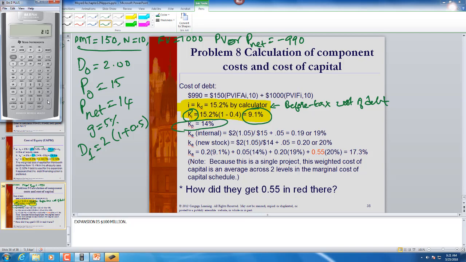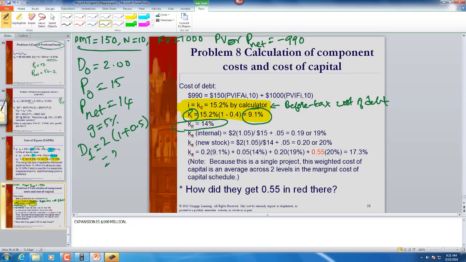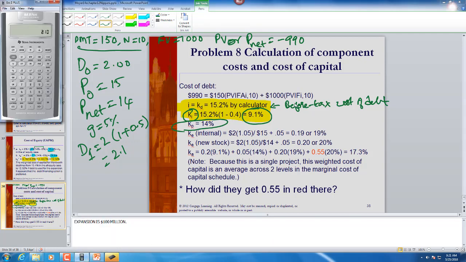Yeah, there you go. We took care of that. 2.1, that's done. So now, Ewing expects to have 20 million in retained earnings available to finance the expansion. And they give you the target capital structure.